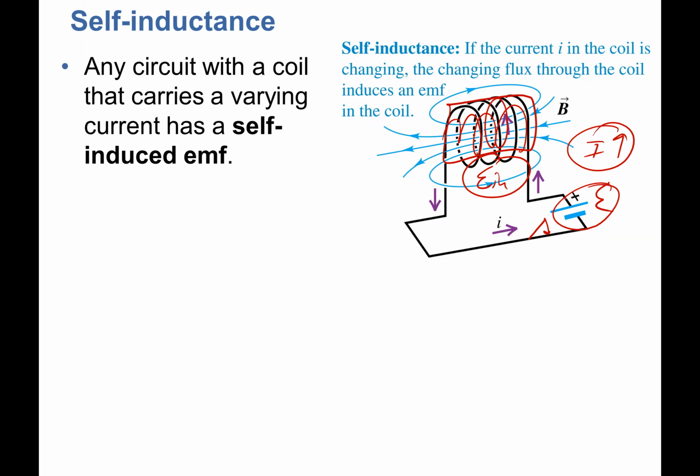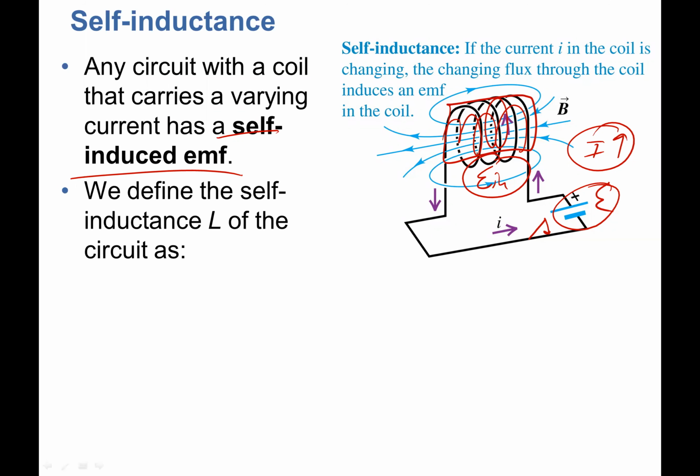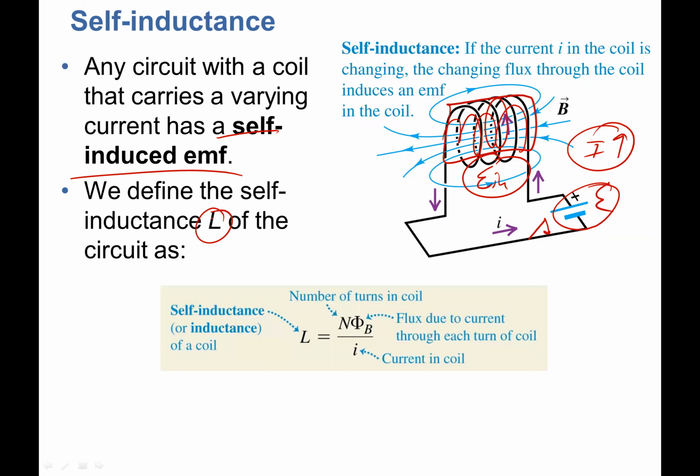Okay. Now, what is the value of this self-induced EMF? Well, we can use the capital letter L to define this self-inductance. And this self-inductance is very similar to mutual inductance. Remember, mutual inductance was N times flux divided by current, but for that you needed 2 coils, right?